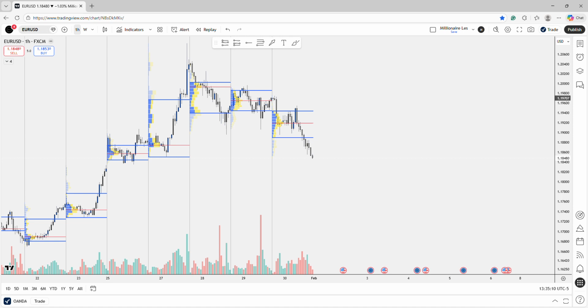Think of price as a ladder. Volume profile tells you which rungs had the most activity and which ones price barely touched. High volume at a price means the market agreed upon that price, and low volume means price moved through that level very quickly. So instead of guessing support and resistance, you're seeing where the market actually did its business.